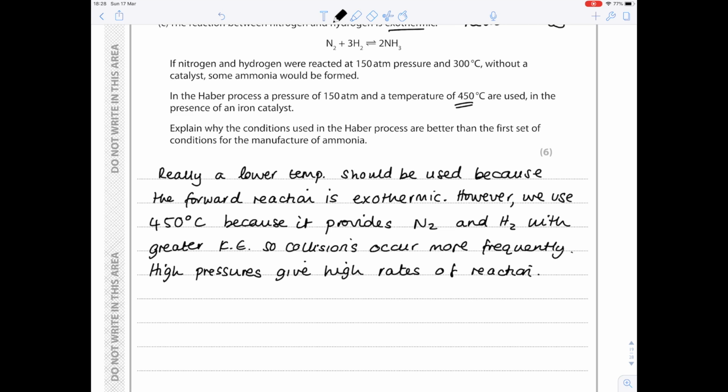What I'm really interested in looking at now is the iron catalyst. Why do we like to add an iron catalyst? Well, that's because it increases the rates of reaction. And crucially, annoyingly, it's both the forward and reverse reaction.